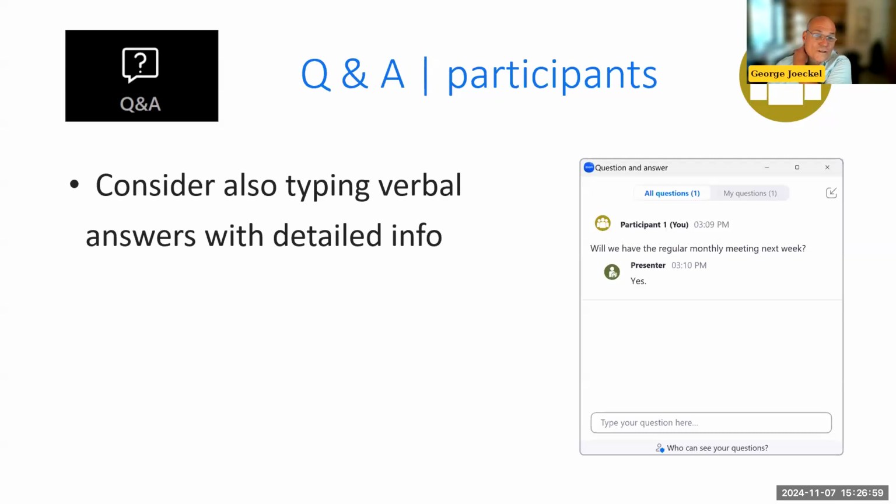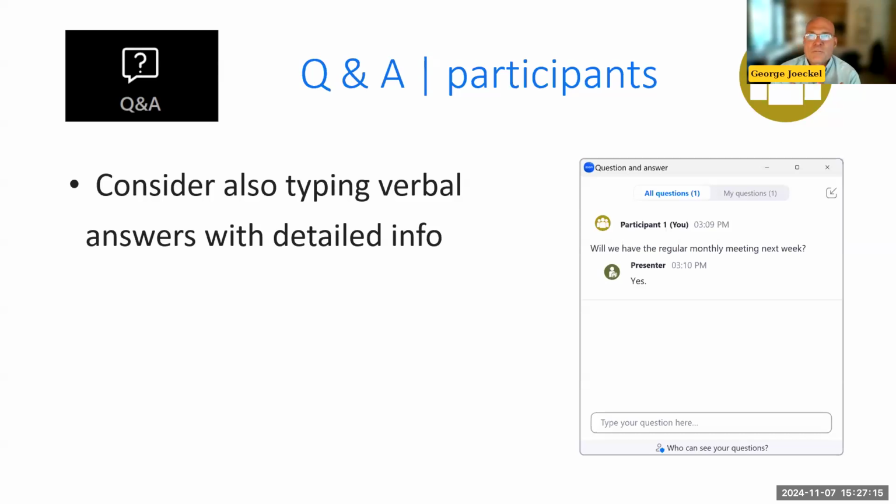So one of the things to consider is if you are answering questions verbally, a lot of times that's just easier. They're pretty straightforward. What color is the sky? Answer, blue.